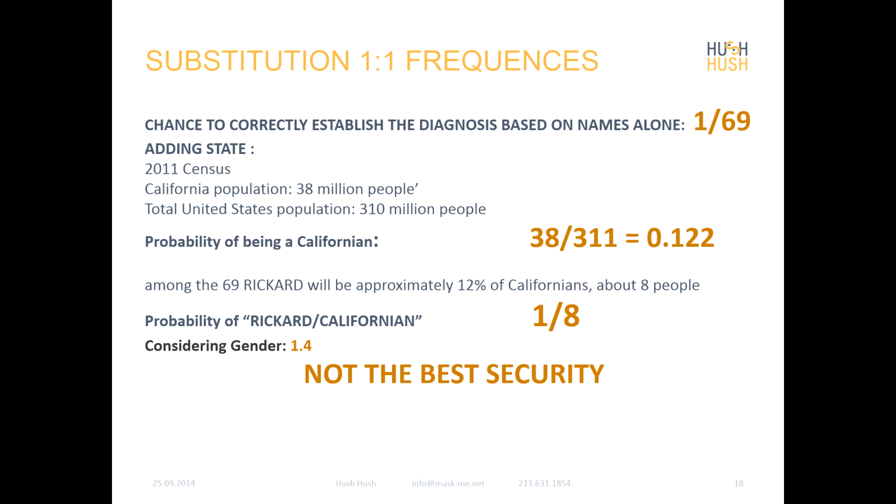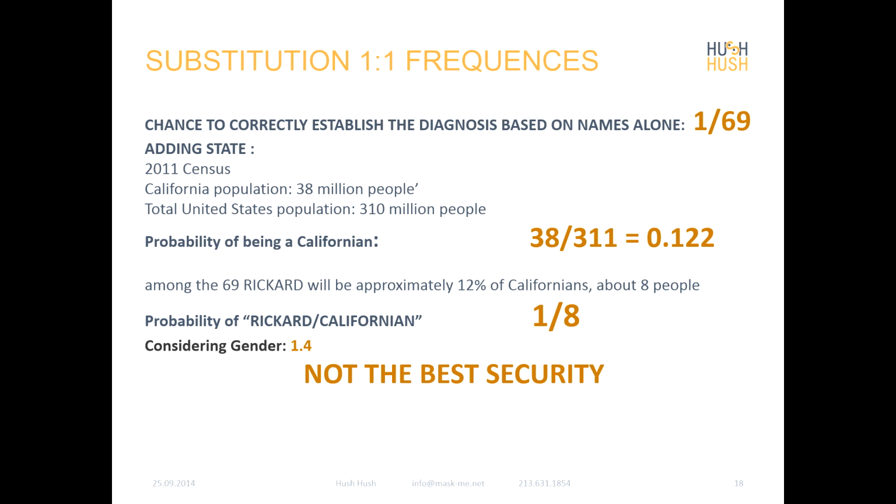Let's say you know a small amount of statistical information about the dataset, that all the addresses are located in the United States. If you pick a state, for example, California, you can use some statistical information to further re-identify the dataset. According to the 2011 census, population in California is approximately 38 million people.